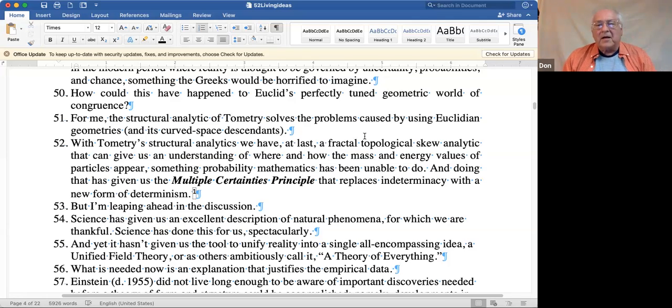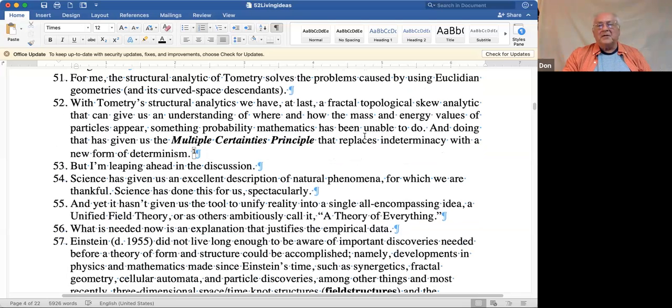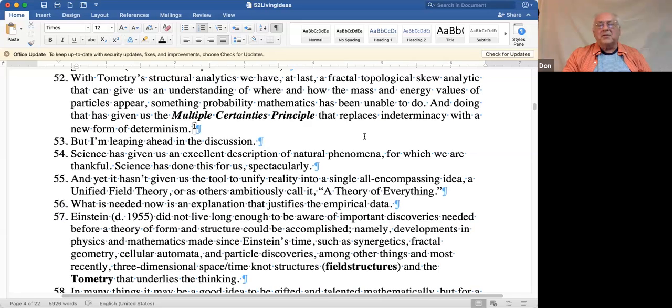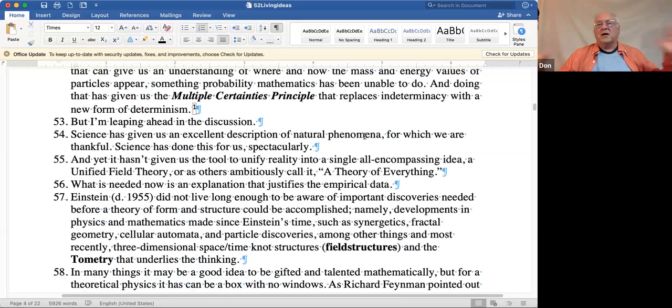Something probability mathematics has been unable to do in a deterministic way, I should say. And doing that has given us the multiple certainty principle that replaces indeterminacy with a new form of determinism. The uncertainty principle is the bedrock of quantum mechanics and modern physics. But I'm leaping ahead in the discussion.